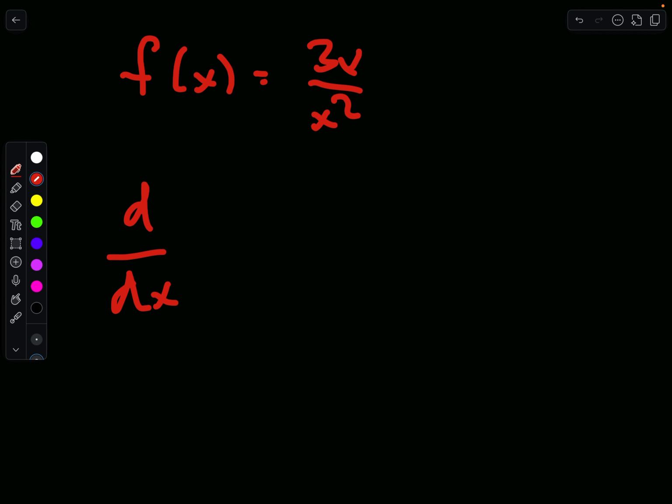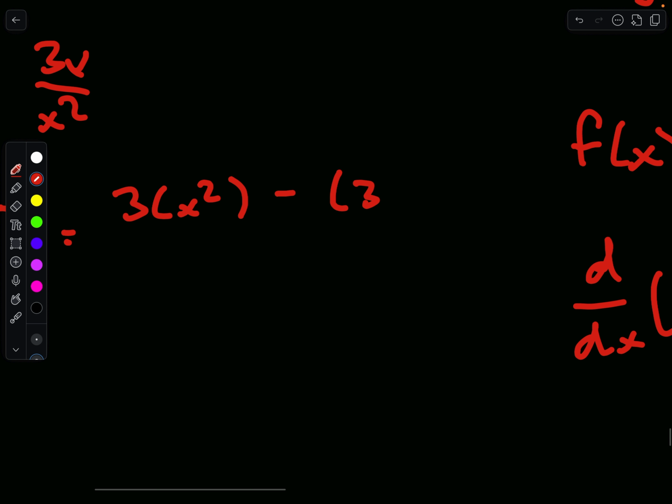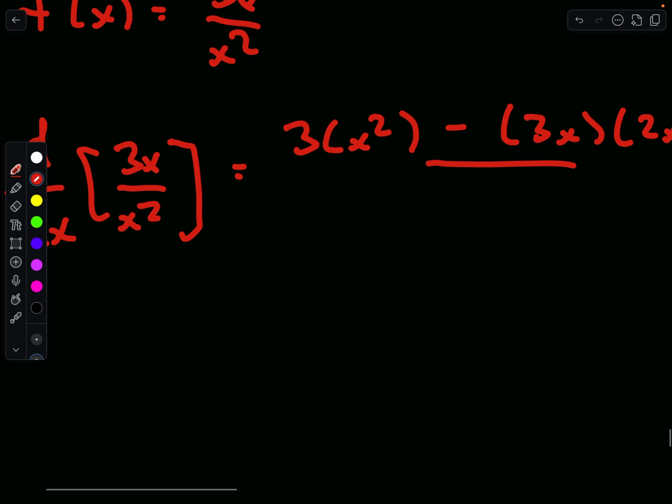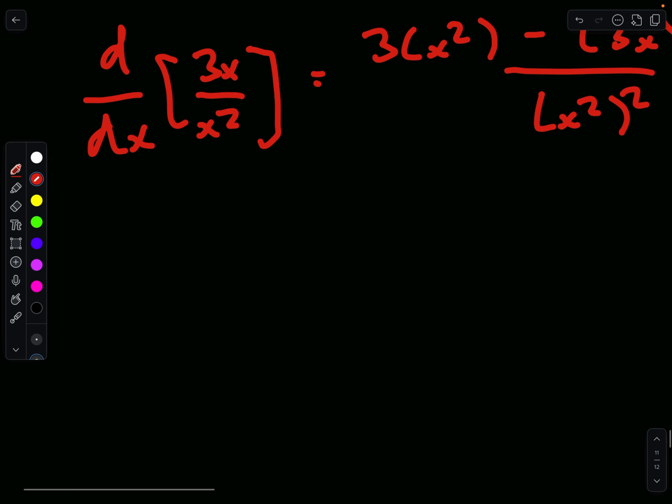If we take the derivative, then we get d/dx of 3x over x squared equals (3x squared minus 3x times 2x) over (x squared) squared.